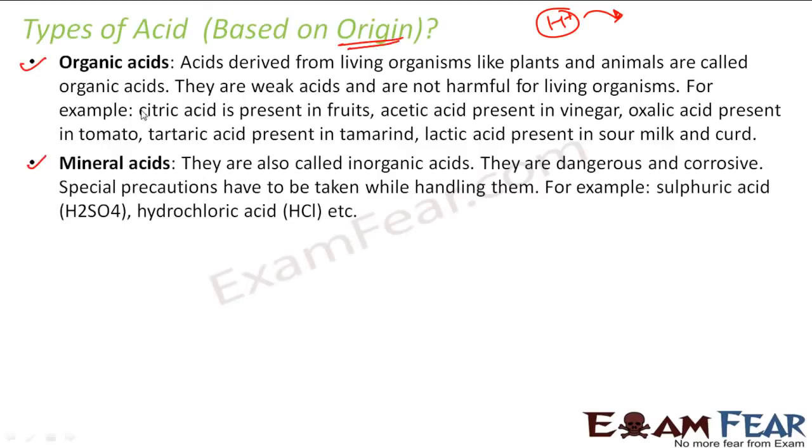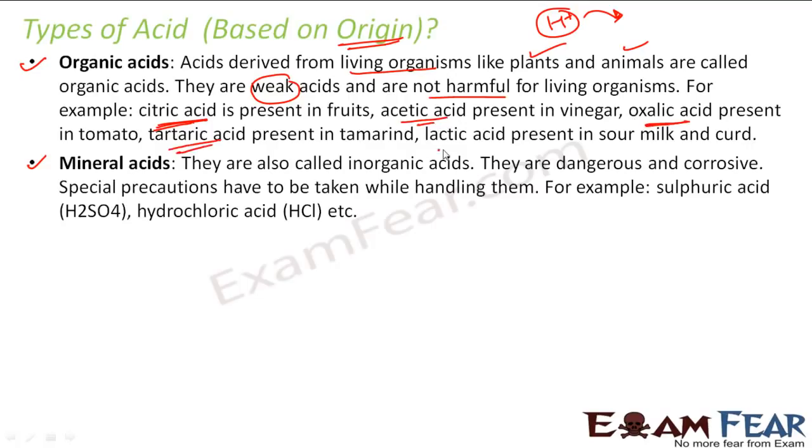Organic acids are derived from living organisms like plants and animals. They are generally weak acids and not harmful. For example, from lemon we get citric acid, right? In fruits also we get citric acid, and acetic acid in vinegar. Oxalic acid we get from tomato. Tartaric acid is from tamarind.